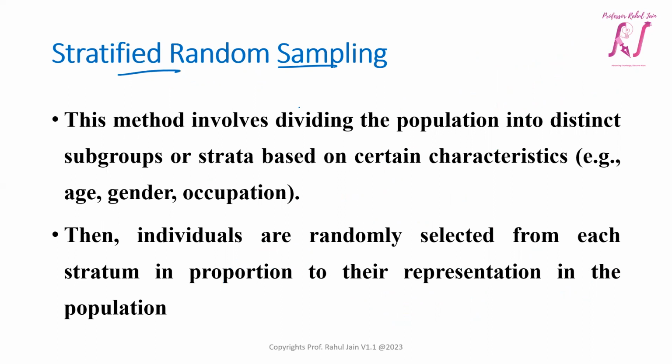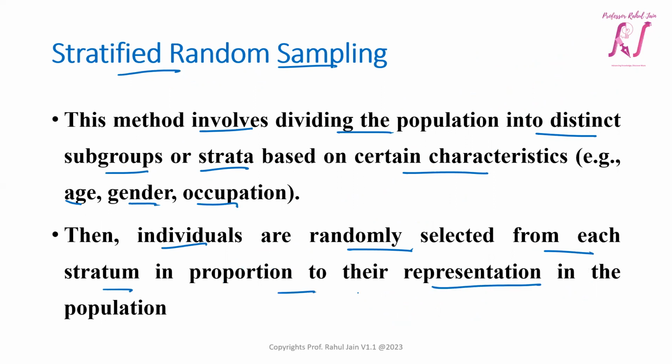Stratified random sampling is a method that involves dividing the population into distinct subgroups, or strata, based on certain characteristics, such as age, gender, occupation. Then individuals are randomly selected from each stratum in proportion to their representation in the population. You can understand this with an example.